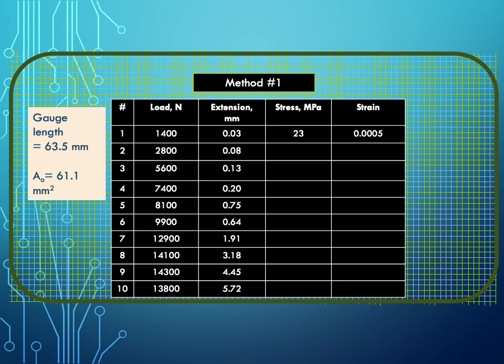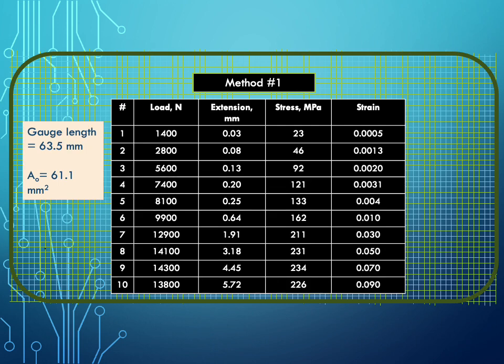This first method is where you're presented with, from a data acquisition system, load and extension data. For each of those data points, you convert load, in this case in newtons, to stress by dividing the load by the cross-sectional area.